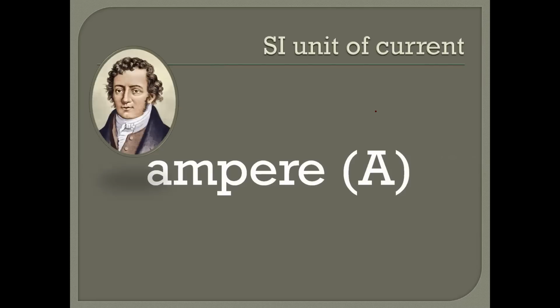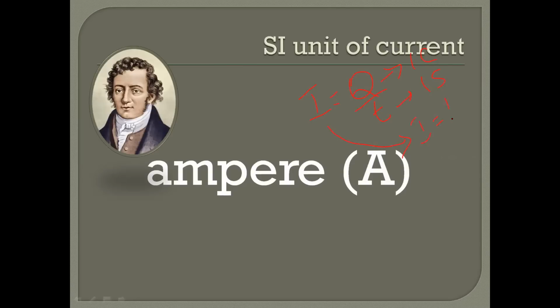And when we study any new unit, we have to know how to define this unit. Definition of a unit can be done with the help of the mathematical formula. That is, we studied I is equal to Q by T. Suppose you take Q as 1 coulomb and T as 1 second, then what will be the value of I?